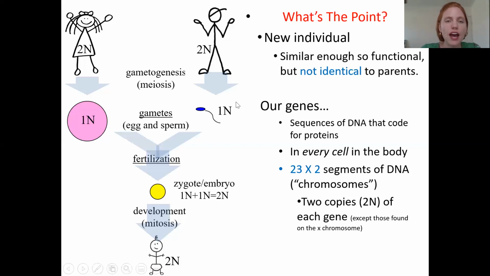So you have to have half as many chromosomes so that when you combine together, and again, the combination, diversity, that's the whole point, recombining it back together, that brings you back up to the same number of chromosomes that you started with from the adult parent.